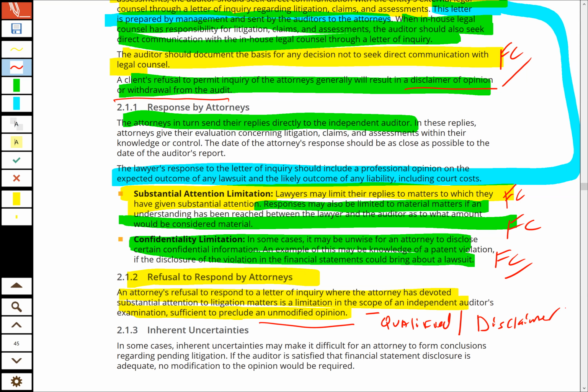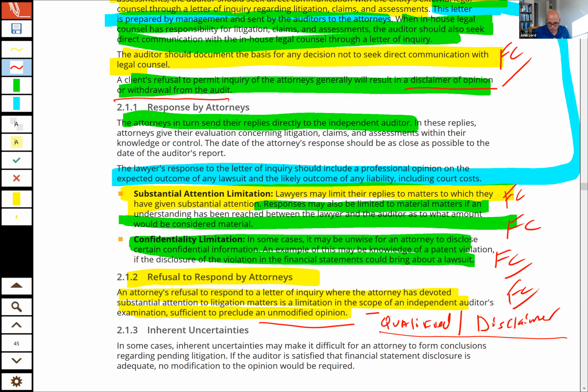Because if I'm an attorney and my client says, well, I got to get this letter, what should I do? I'm going to tell the client to have him send a letter.